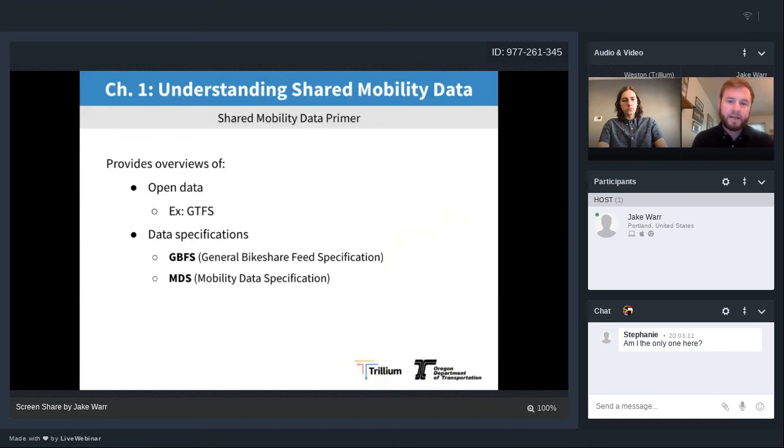So chapter 1, like I said, is about understanding just the basic concepts of shared mobility data. We give an overview of open data, which at Trillium, we're big proponents of open data. We think it's a particularly important tool in the transportation world, just like we see with the General Transit Feed Specification, GTFS.